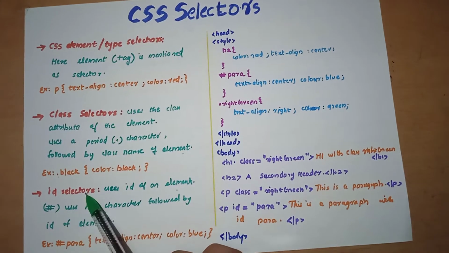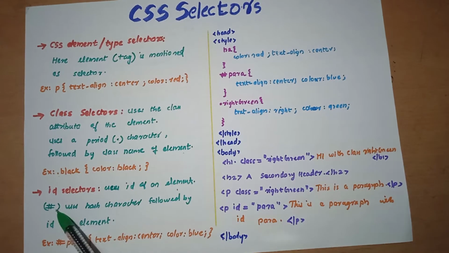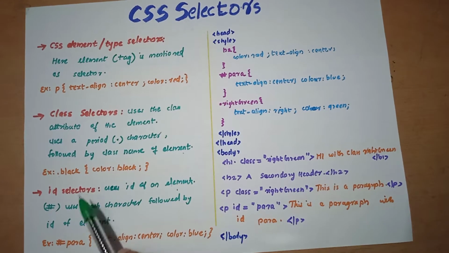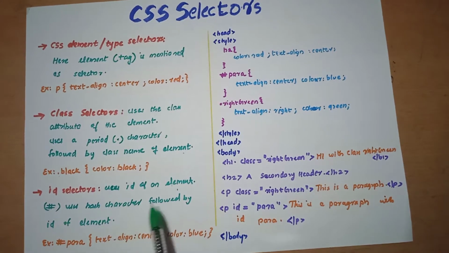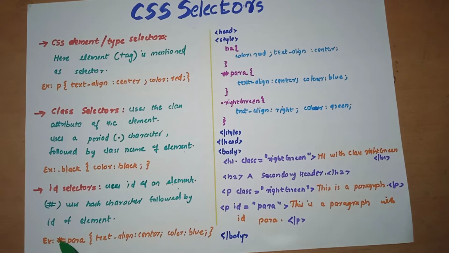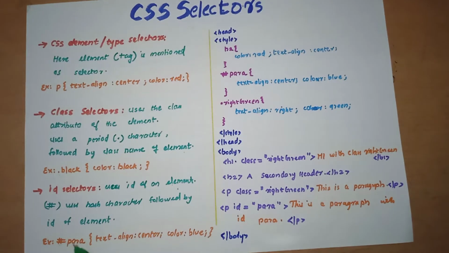For the ID selector, the hash character is used, followed by the ID of an element. This hash character implies it is an ID selector, and this is the ID of that element. Then you can write whichever styles you want, like this.